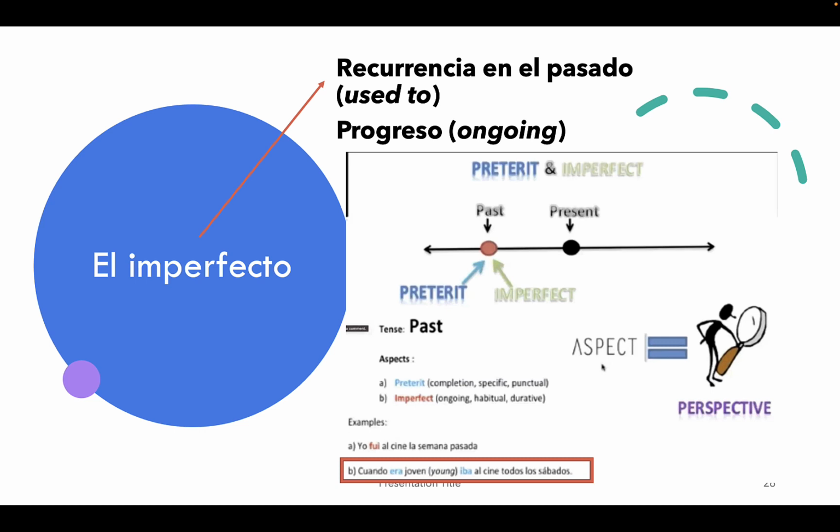So that can be related to point number one, recurrencia en el pasado. That is, when I was young, right? I used to go to watch a movie at the theater every Saturday, which implies that that's no longer the case. So in English itself, we will see this element used to being employed in order to convey this idea.